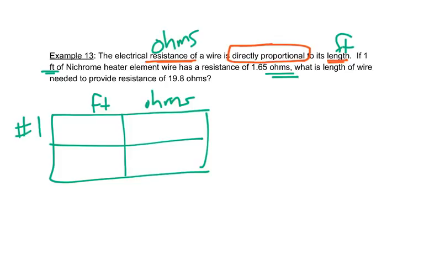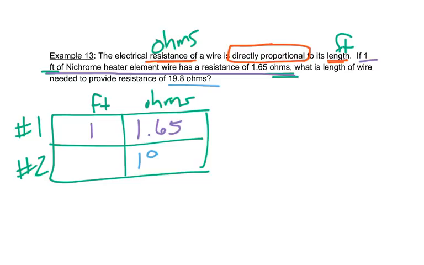Okay, we have 2 different wires we're looking at. The first wire says 1 foot, 1.65 ohms. The second part says we're looking for 19.8 ohms, but we don't know the length. Now this directly proportional is important because, because it's direct, we don't need to do anything to our box. We can just set it up as normal.